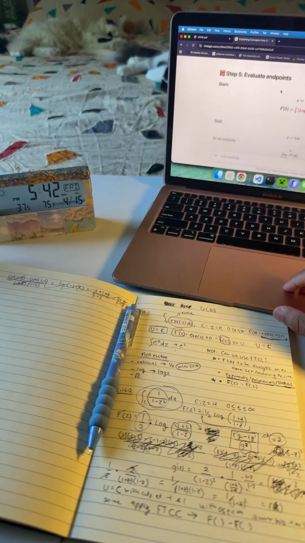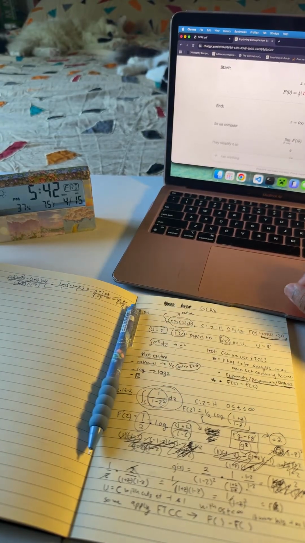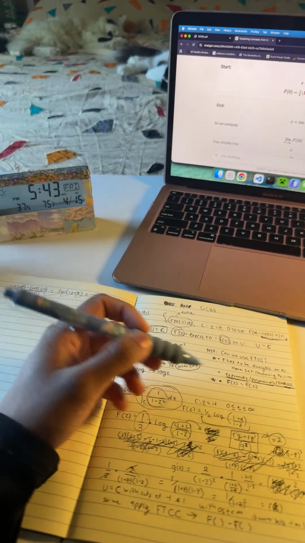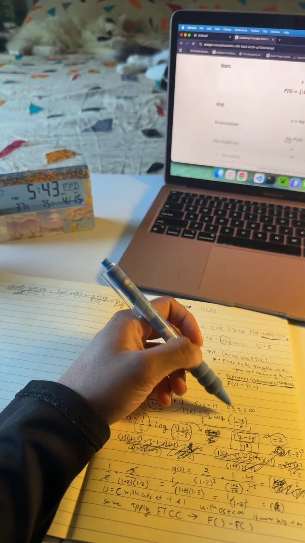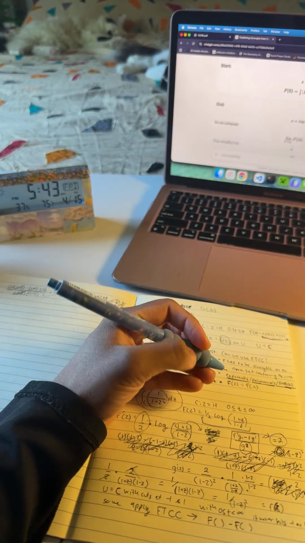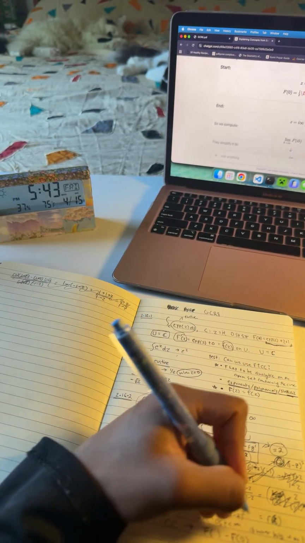End and start. So the start is 0, right? That's a, and the b is the top. So F of 0 is half times log 1, which equals 0. Why is it log 1? Why not log 0? Oh, I guess because if you have 0 here and 0 here, then it becomes log 1.